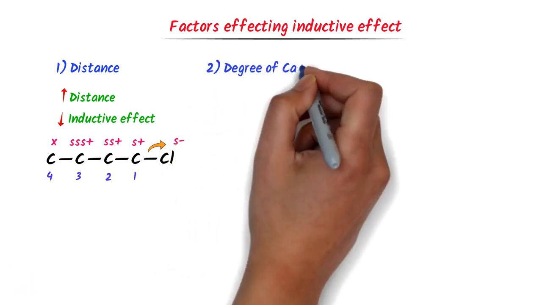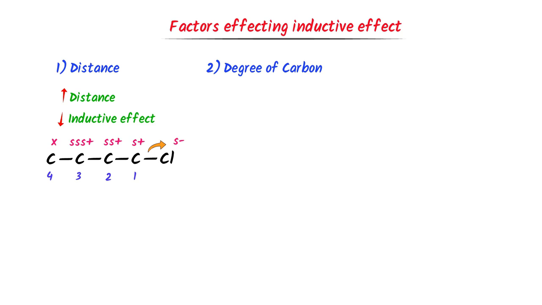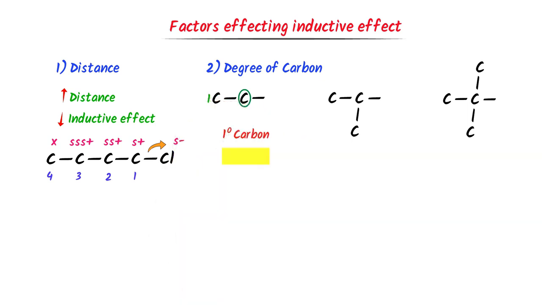Secondly, degree of carbon. For example, consider these compounds. Here, this carbon is bonded to one carbon, so it is 1 degree carbon or primary carbon. Secondly, this carbon is attached to 2 other carbons, so it is 2nd degree or secondary carbon.